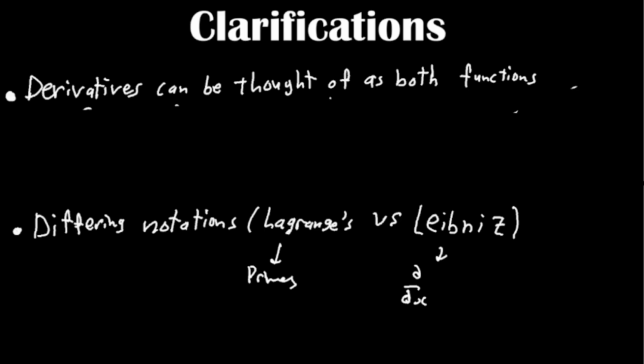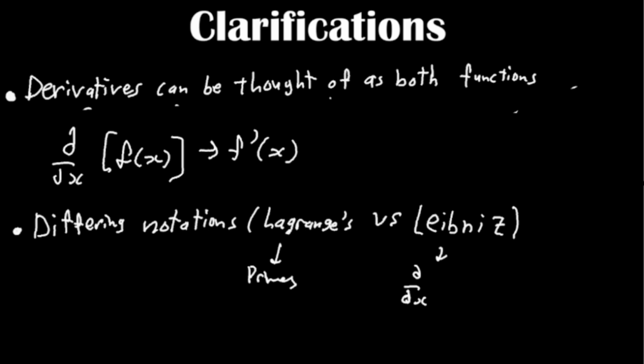And also, derivatives are a function, but they're also an operator. So you can apply the derivative to a function, and that gets you the derivative of the function. Taking d over dx of f of x gives you f prime of x. But also, f prime of x is a function. So there are multiple ways to think about derivatives, but they are very similar. They're all tied together.